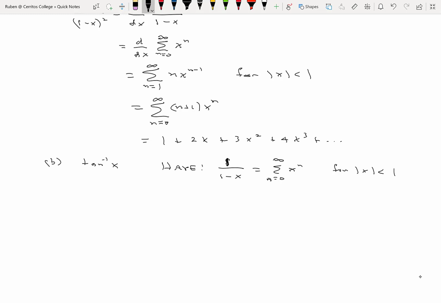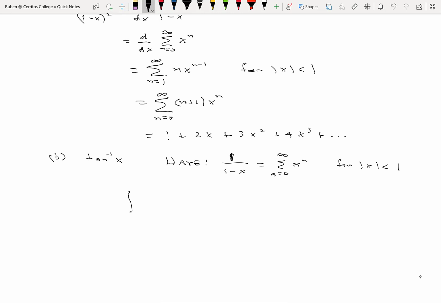Now I'm going to use a trick here. We have that the integral of 1 over 1 plus x squared with respect to x is the inverse tangent of x plus a constant.